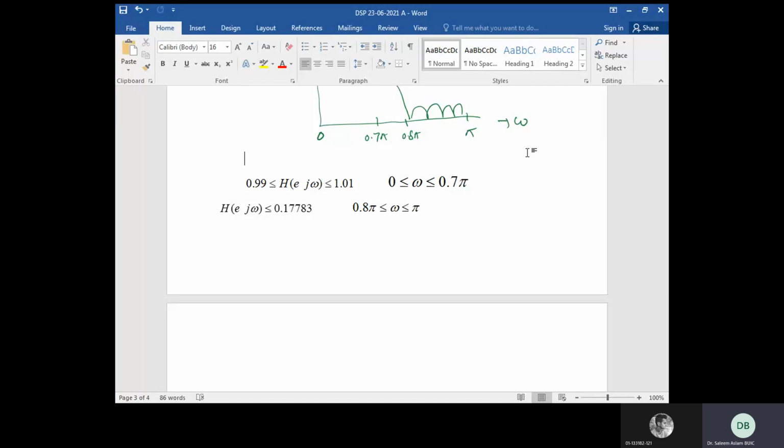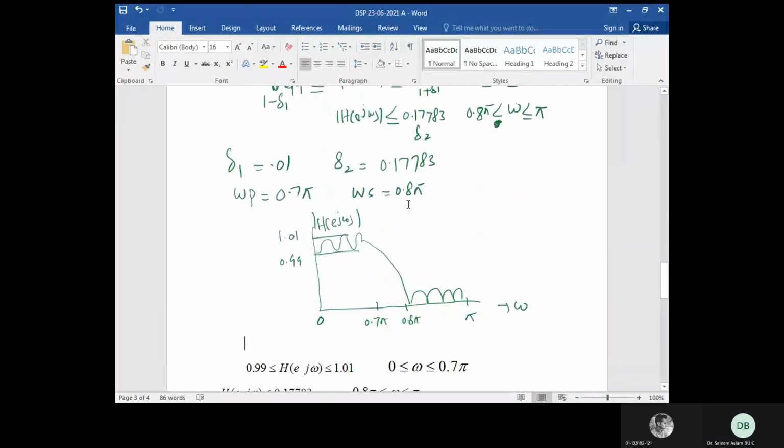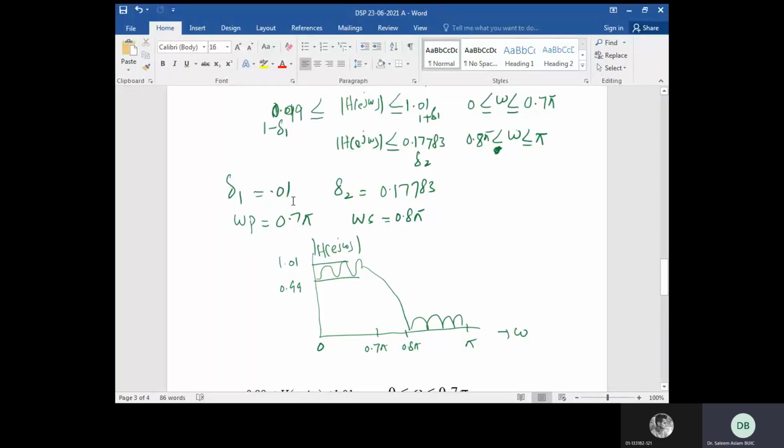So from here you can infer that delta 1 is 0.01. How did you calculate it? 1 minus delta 1 is equal to 0.99, or 1 plus delta 1 is equal to 1.01. So from here you can extract delta 1. Delta 2 can be extracted directly, 0.17783.